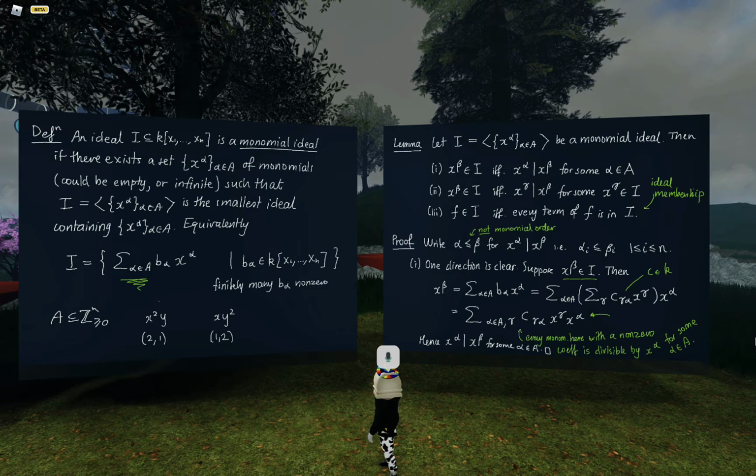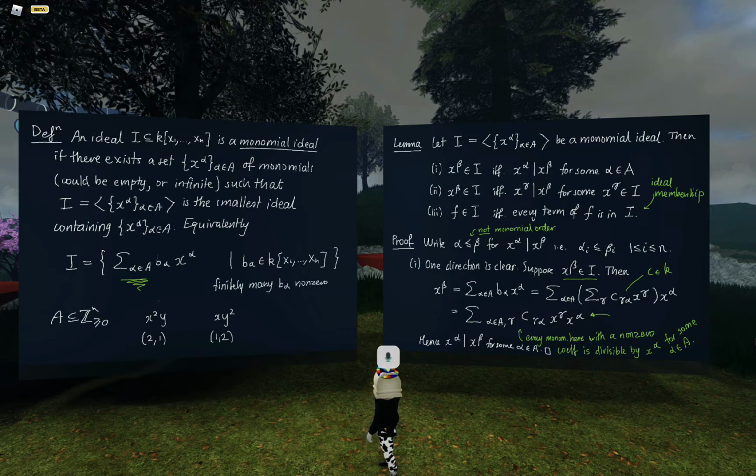Because there's finitely many of them. I suppose that's involved. I'm not sure why you emphasize it though. So, I mean, we showed that for every term there exists an alpha such that the monomial is divisible by x to the alpha, right?